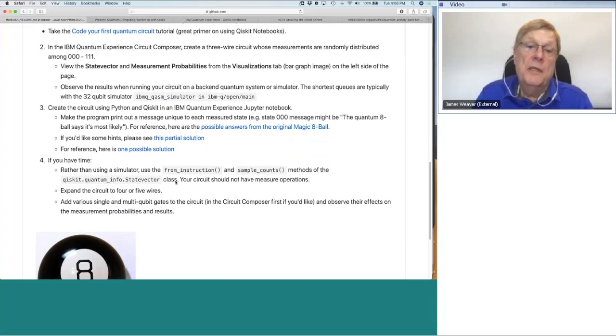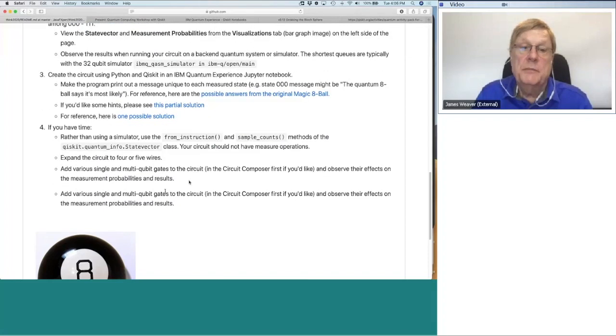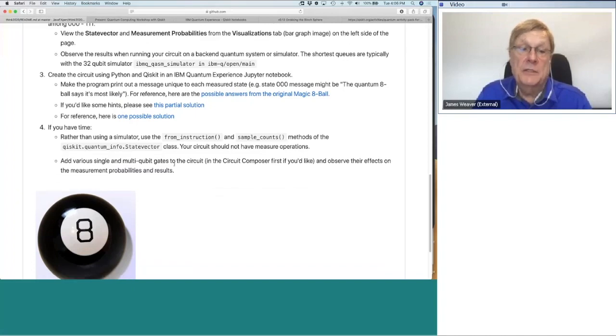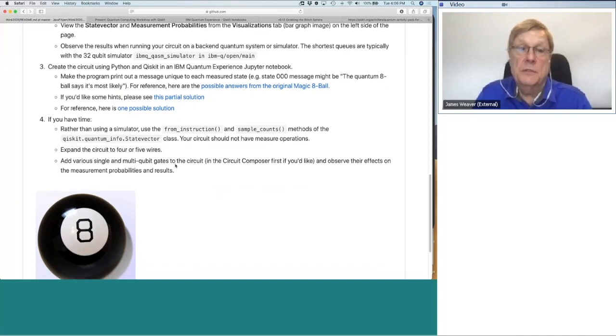If you have time, use these two methods of that class to do the same thing. And then you might expand the circuit to 4 or 5 wires. Rather than have an equal probability of each state between 0, 0, 0 and 1, 1, 1, you might add some single and multi-qubit gates to your circuit and then see what effect it has on probabilities and results.